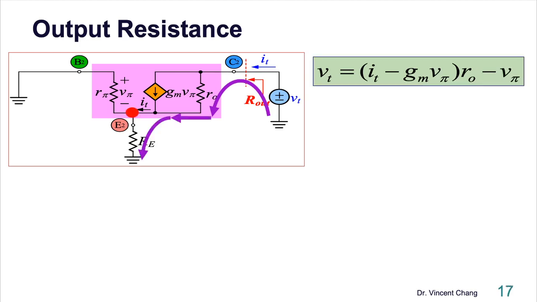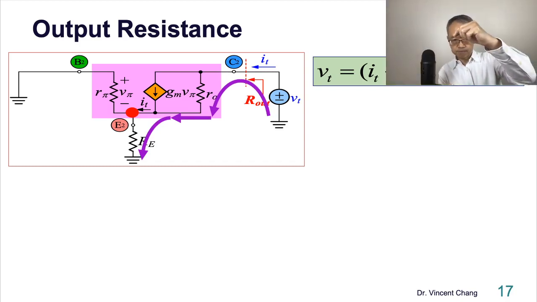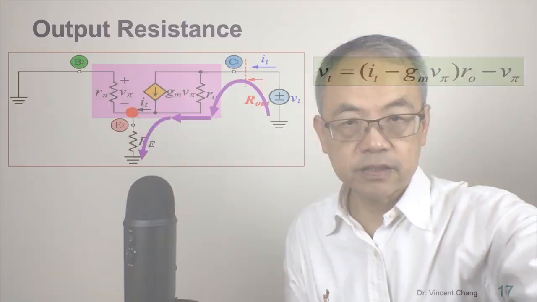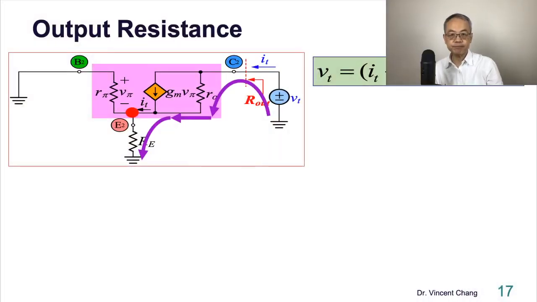So what is negative v_pi? Negative v_pi is this, positive, negative. So here's the IE, right? IE times what? The drop. This drop is what? The resistance is RE in parallel with r_pi.